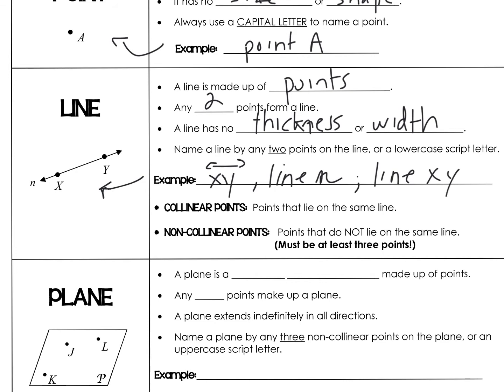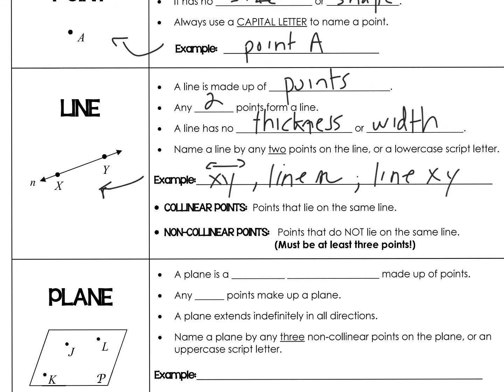But that symbol is what represents a line. It's basically just a miniature line with 2 arrows at the end. Okay, so lines are named by collinear points. That means they're on the same line. And then non-collinear points do not lie on the same line.